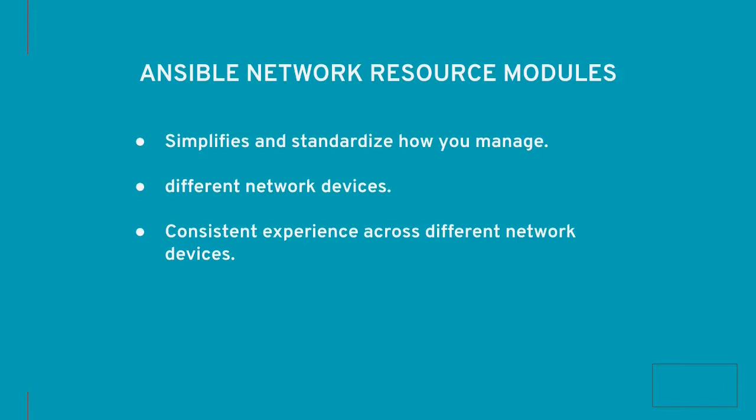Next is different network devices. There are different network devices, and the vendors all have specific technologies. Ansible supports a lot of network devices and provides a consistent experience across them. Let's say you are using a resource module called interfaces, or L3 interfaces, which is used to configure the IP addresses.